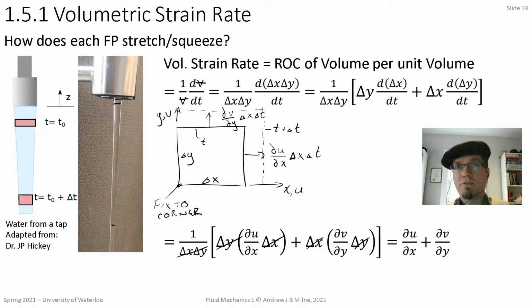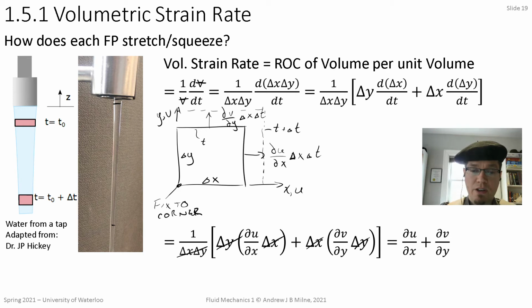I want to pause for a second here and introduce one last concept about this. We're talking about the rate of change of volume per unit volume. If you think about that, that's squeezing something or expanding something. Fluid parcels have a fixed mass, so the mass is not changing, but the volume is. That means we're talking about a change in density.